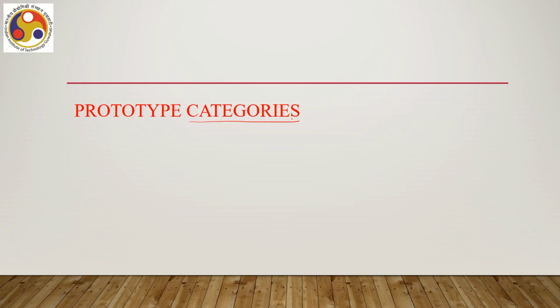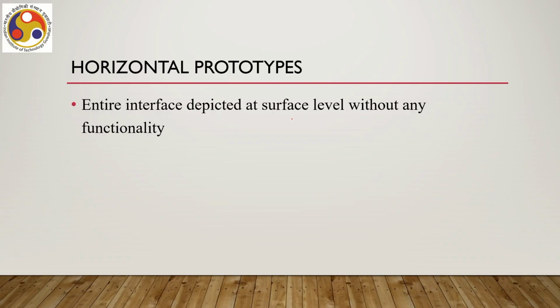Let us now try to understand different categories of prototypes that are there. So, broadly there are two categories of prototype. One is horizontal prototypes. So, here the entire interface is depicted at a surface level, without any functionality.